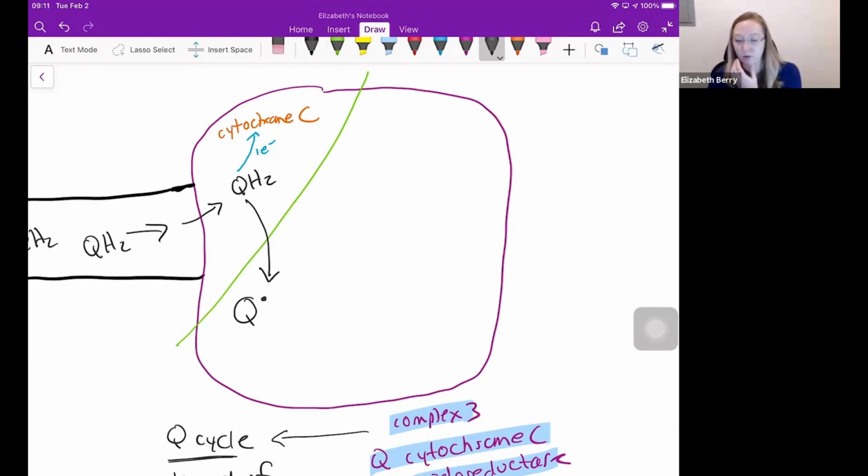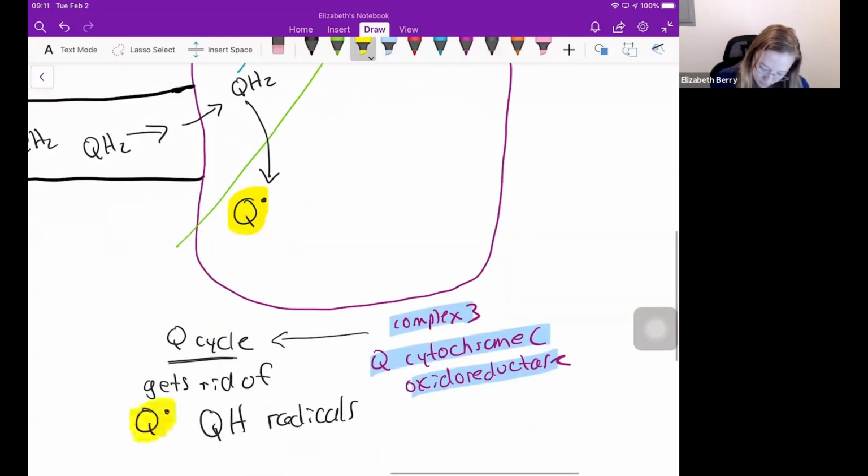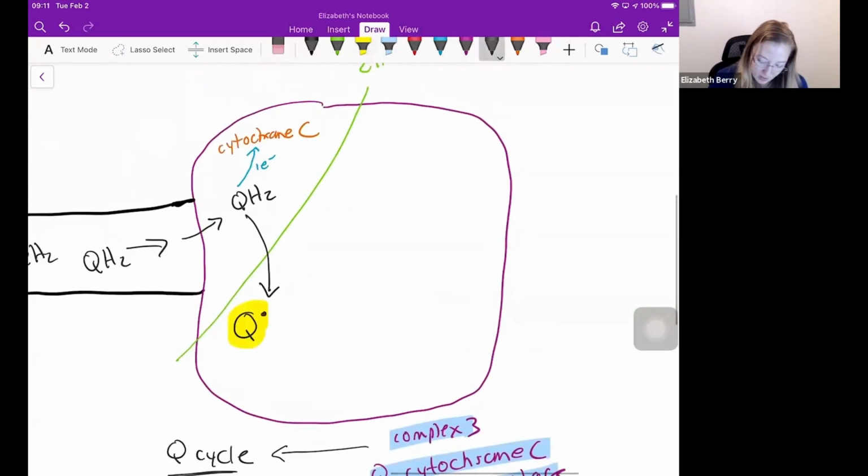That dot is like the radical, and you'll see more about radicals when you see Dr. Olson's lecture. And so we still have 1 electron on this Q. Okay, this is the Q radical. This is the one we don't want to stick around. In order to get rid of this Q radical, you actually have to use another fully reduced coenzyme Q to get rid of it and donate another electron.